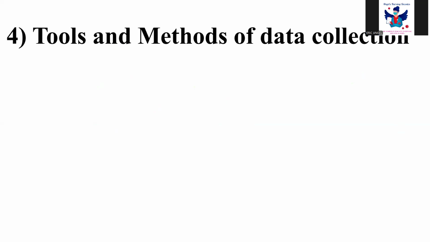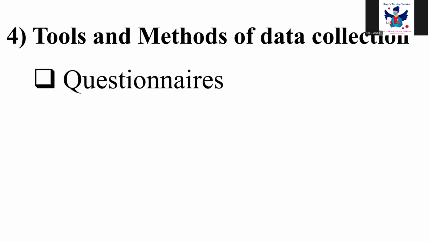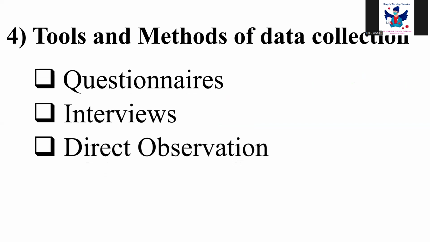Next, tools and methods of data collection. This element of research design involves the description of different tools and methods of data collection, for example, questionnaires, interviews, direct observation, or any other methods that suit the particular approach of the research as well as the nature of the phenomenon under study.